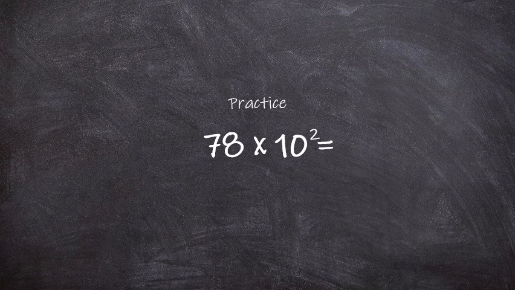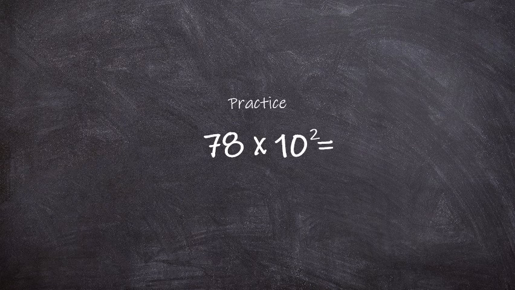Now it's your turn. Let's practice. What is 78 times 10 to the second power? Remember, you should take the number and add the number of zeros to the end of that number based on your power of 10. Are you ready?